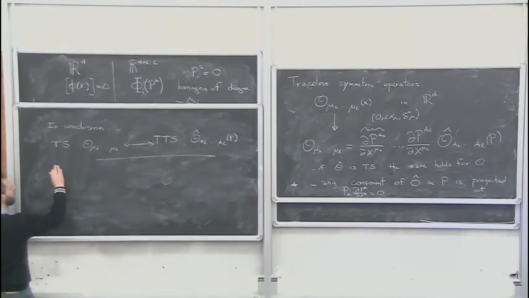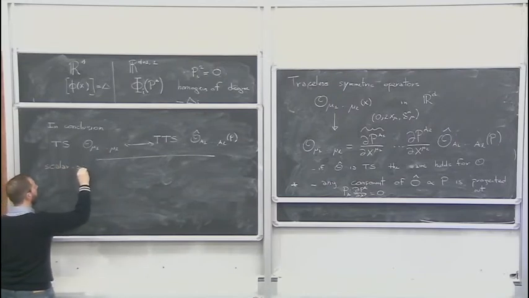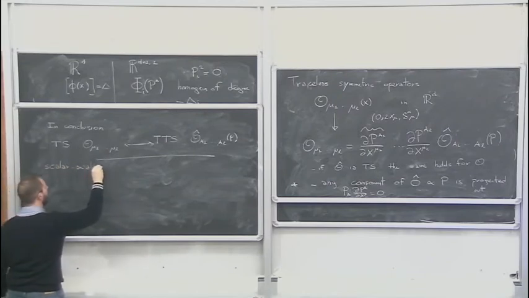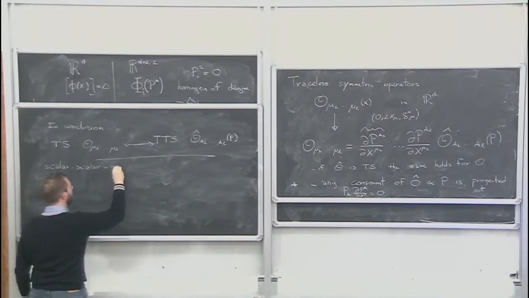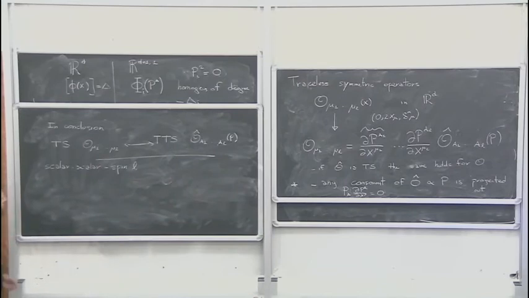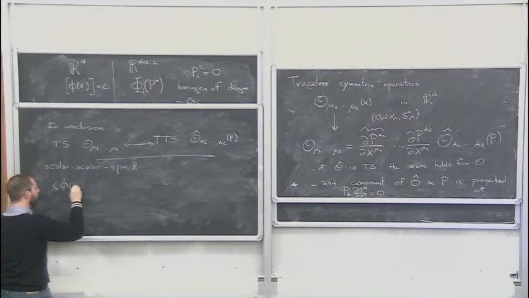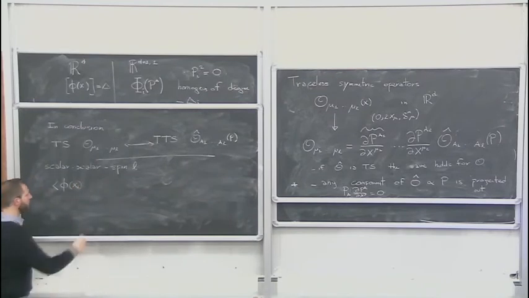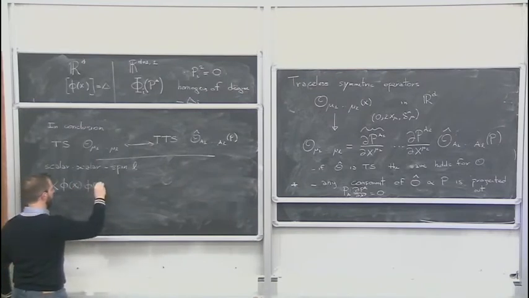One thing that we will need are correlation functions of the form scalar, scalar, spin L. So the question is, what is the general form of a correlation function involving two scalars?